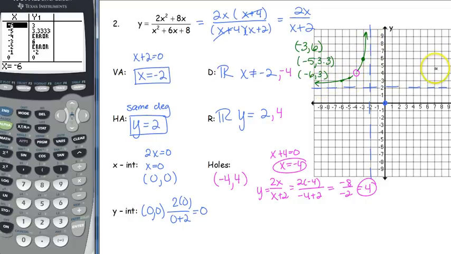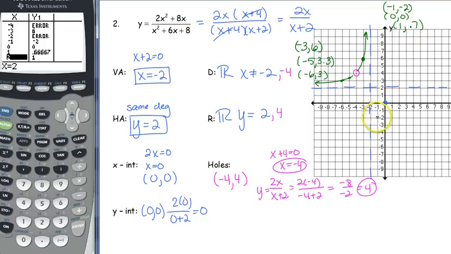Now we need to go to the other side for our other 3. So we have that vertical asymptote at negative 2. 3 points to the right there would be at negative 1, negative 2, 0, 0, and 2, 1. Oh, sorry, I skipped 1, 1.7.